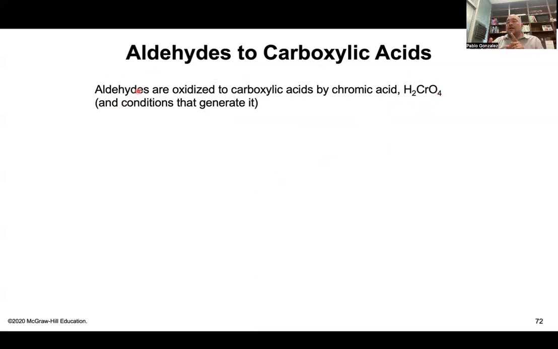So to create aldehydes, we can use primary alcohols using mild conditions of oxidation, PCC or PDC. Once we have that aldehyde, we can have a lot of different ways to go. If we need to produce a carboxylic acid, we can use stronger conditions such as chromic acid, that would oxidize this aldehyde eventually to the carboxylic acid, okay?